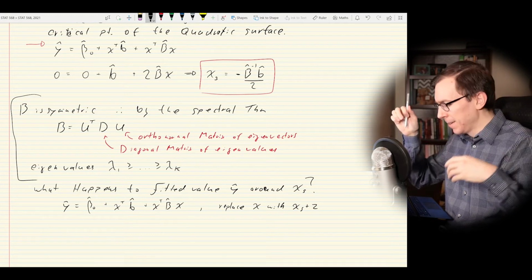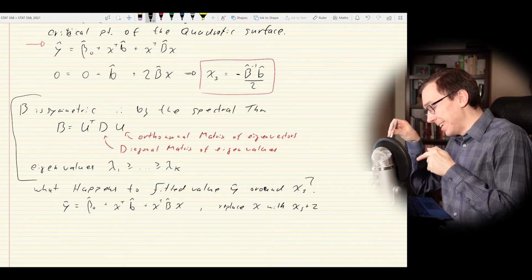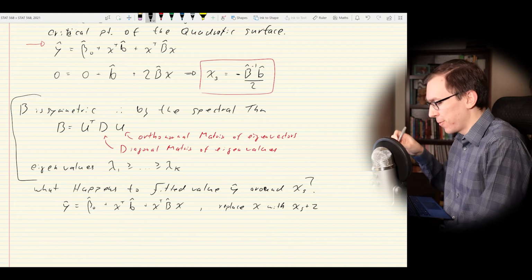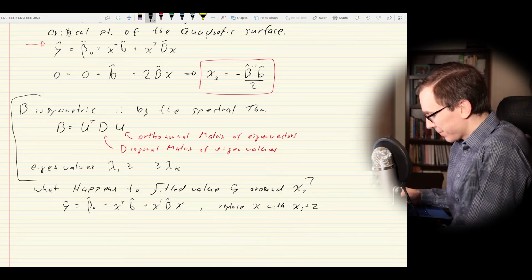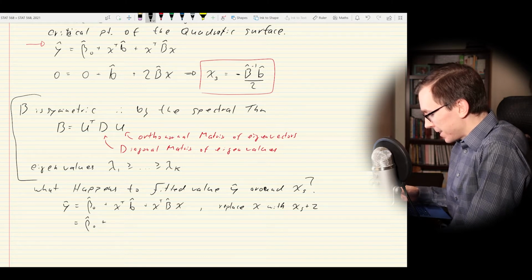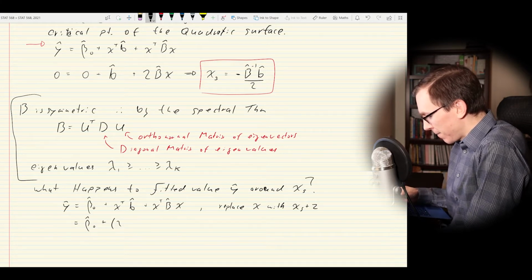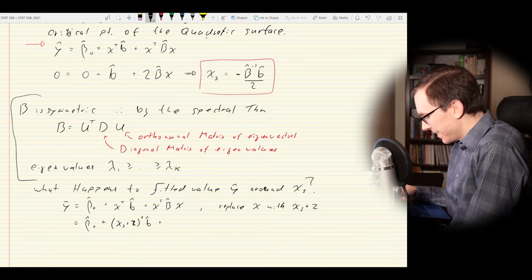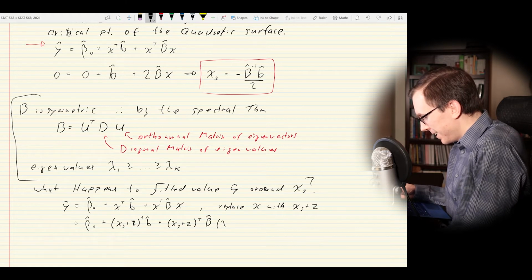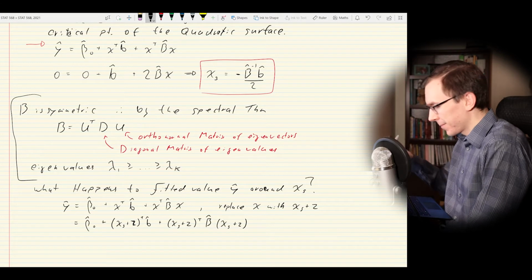So basically, we're shifting the origin to the critical point or the stationary point for our quadratic. Well, what happens if we do that? What happens is we get something that looks like xs plus z transpose B hat, xs plus z.